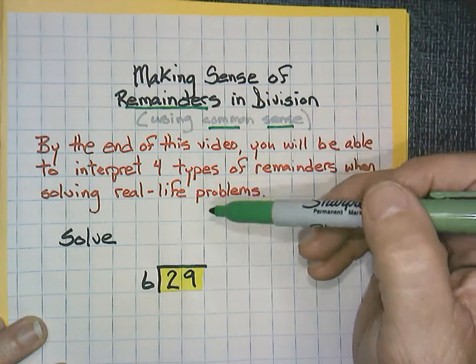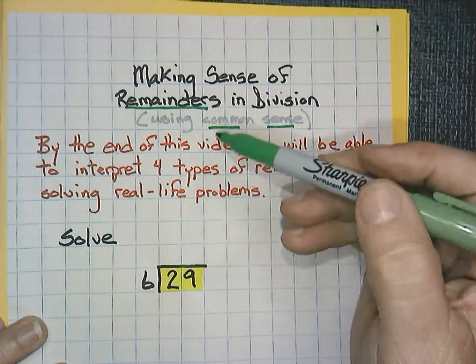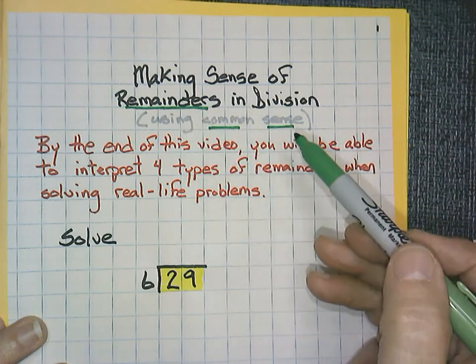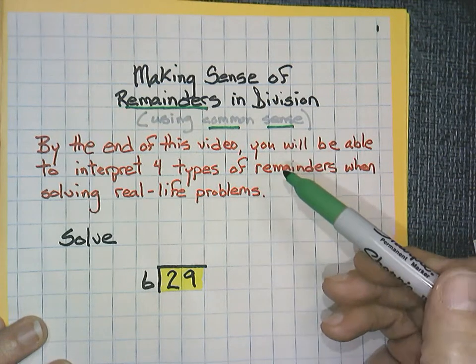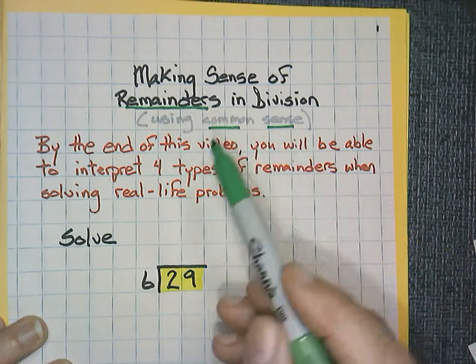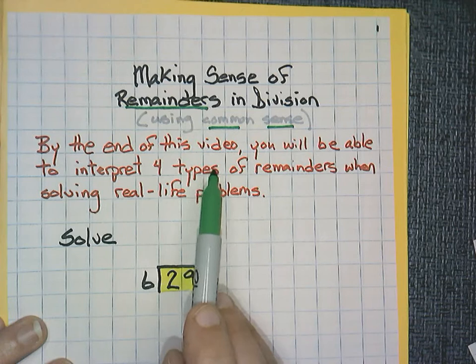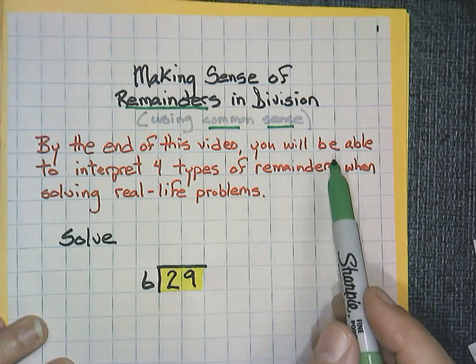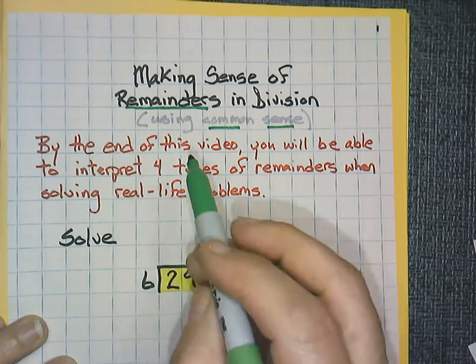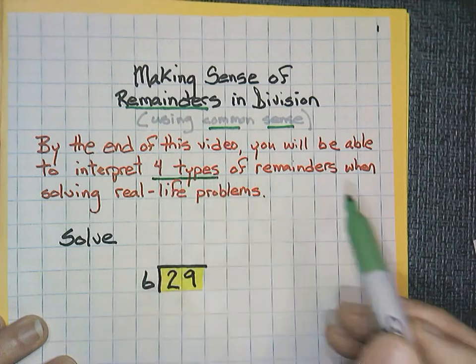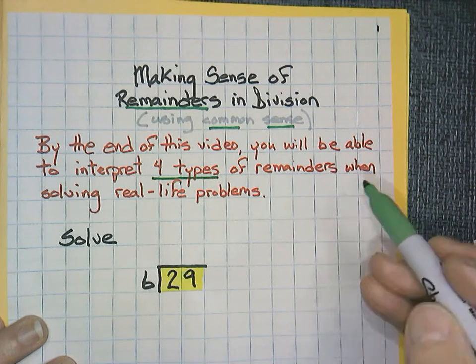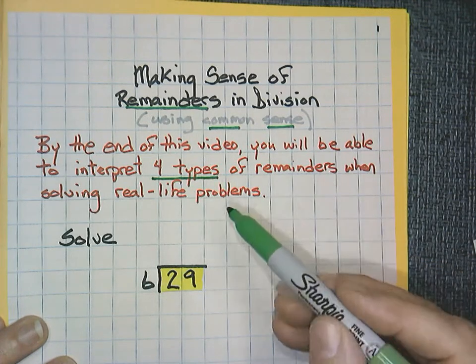This is really not about how to do long division as much as it is using common sense in answering certain kinds of questions that involve remainders. By the end of this video, you will be able to interpret 4 types of problems that have remainders when solving real-life problems.